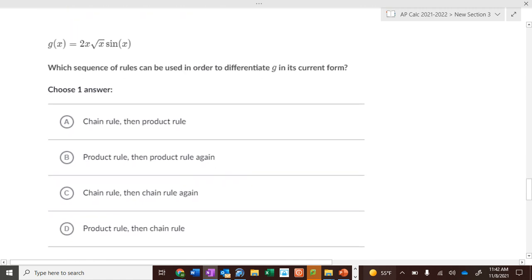Okay, this one, I'm not in 100% agreement with the book or with Sal Khan, because this is the way I would do this. I would look at this and say, this is all one thing, because what's the square root of x? That's x to the 1/2, so it would be 2x to the 3/2 times the sine of x.